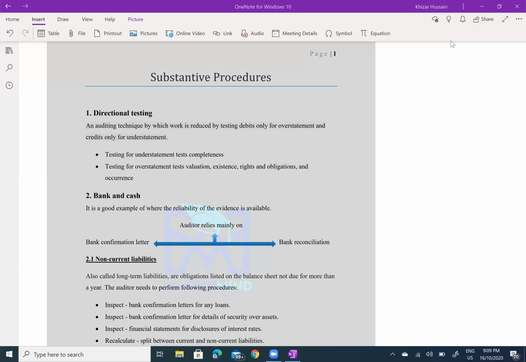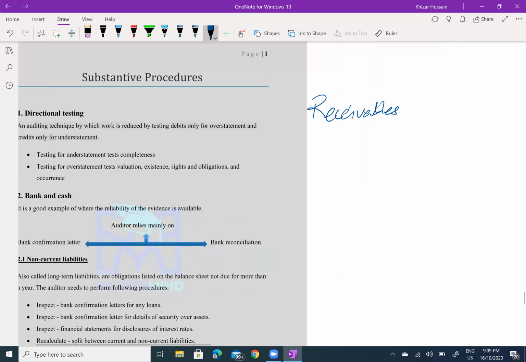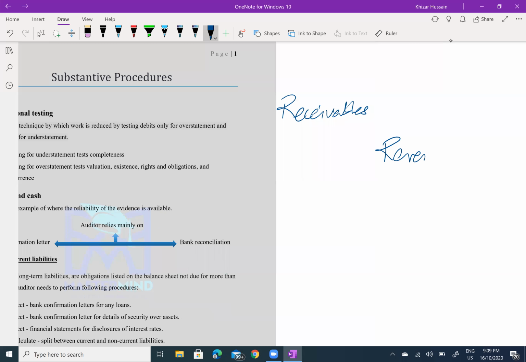If you look at the revenue side, let's forget the cost side right now. Let's look at the revenue side only. When we look at the revenue side, you have on your debit, because it's a credit sale, receivables, right? And on your credit, you have revenue, right? Now, this could either be bank or receivables depending on your type of sale. Right now, we're considering that it's a credit sale.